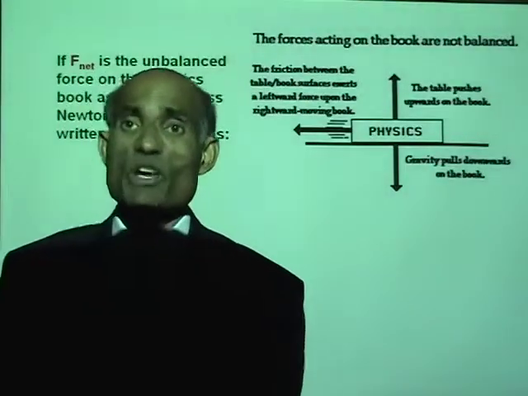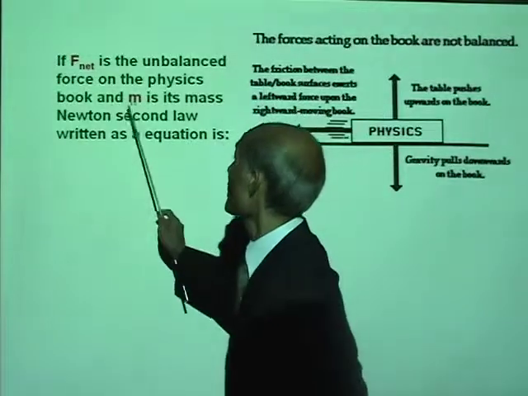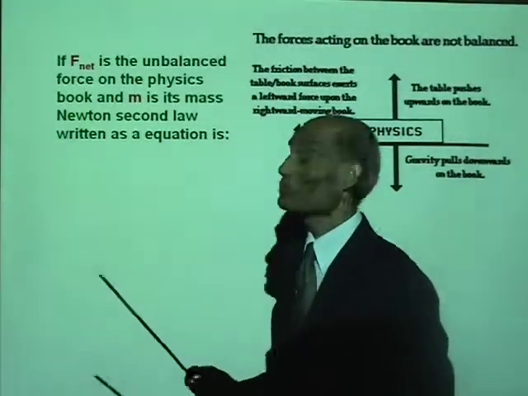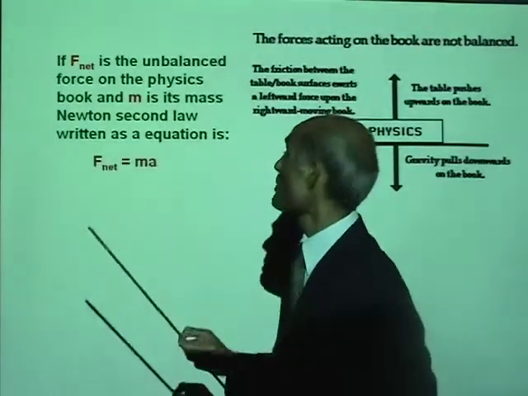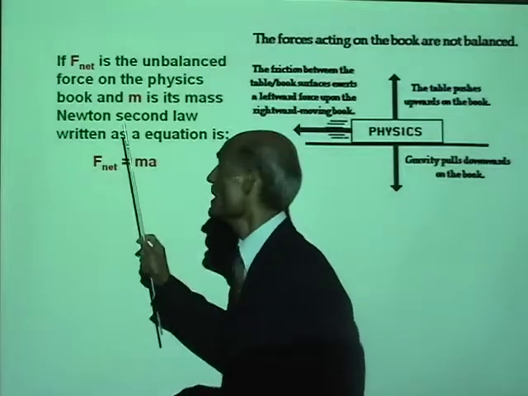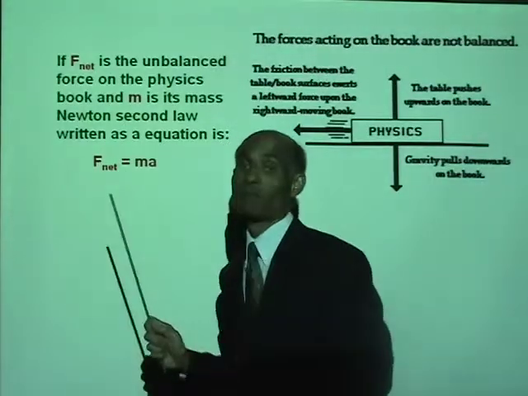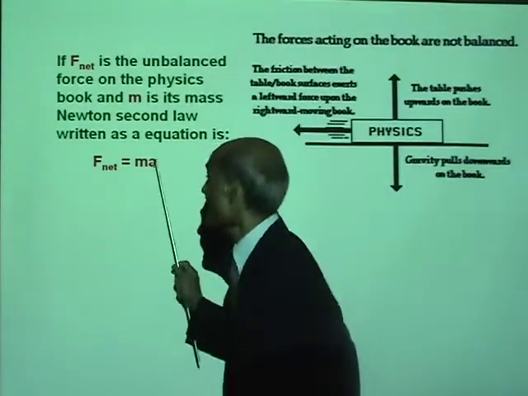Okay, so if F net is the unbalanced force on the physics book and m is the mass of the book, Newton's second law can be written as an equation: F net equals ma. This is what Newton's second law says.